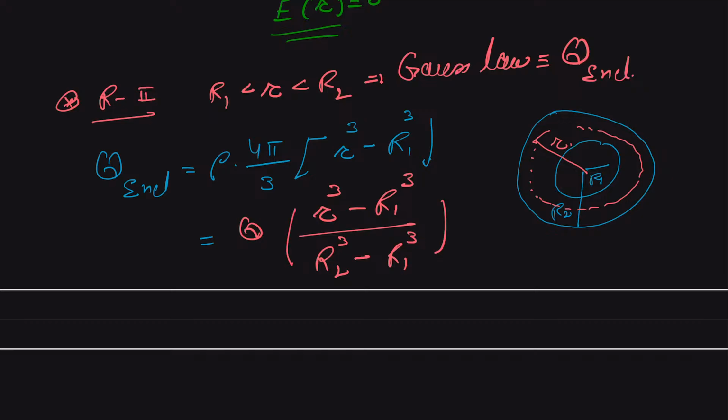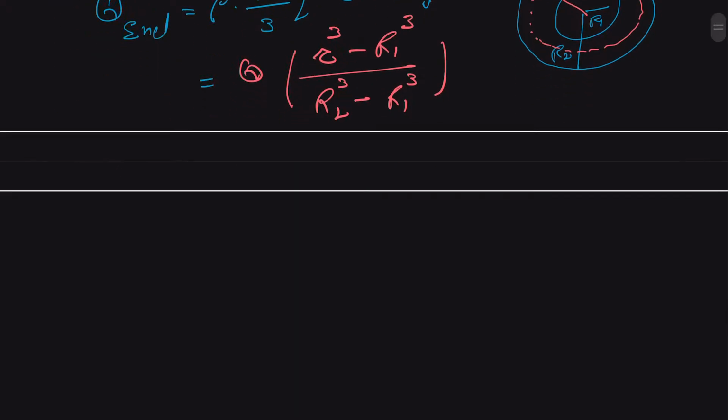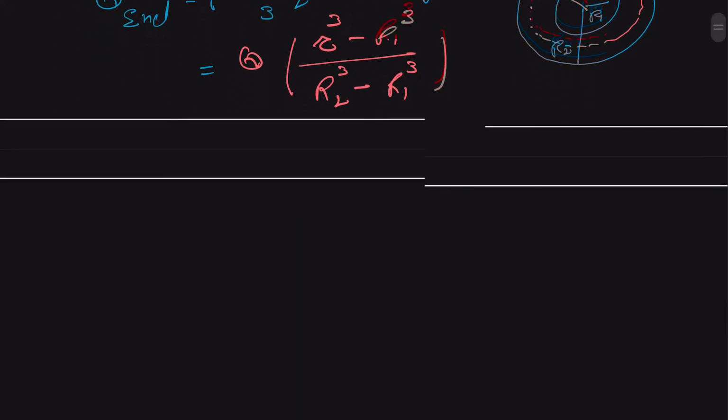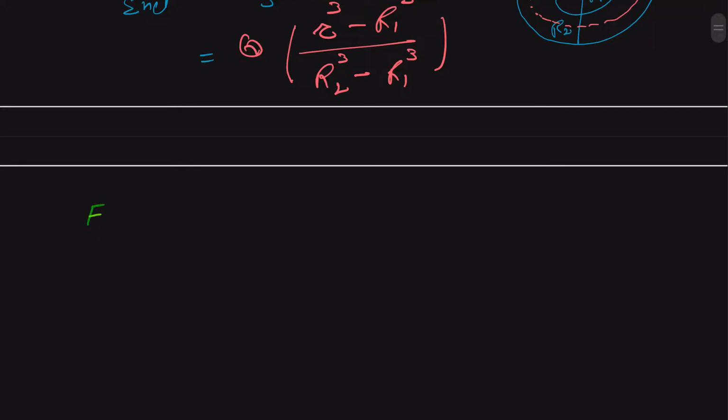And now we can easily find out our electric field. So our electric field times 4 pi r square will be equal to Q enclosed divided by epsilon naught, which is our Gauss law.